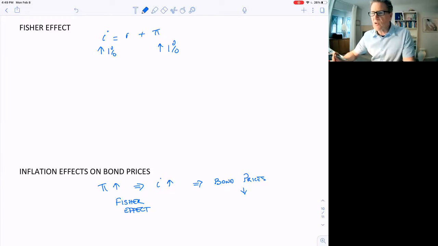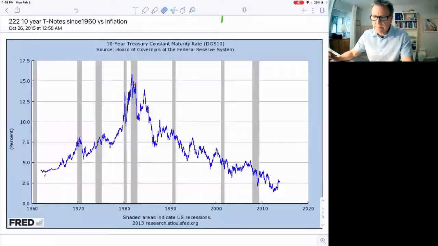Now let me show you another graph of nominal interest rates on the 10-year T-note. Okay, this graph shows the 10-year T-note, the US government bond, term of 10 years, going back to about 1960.